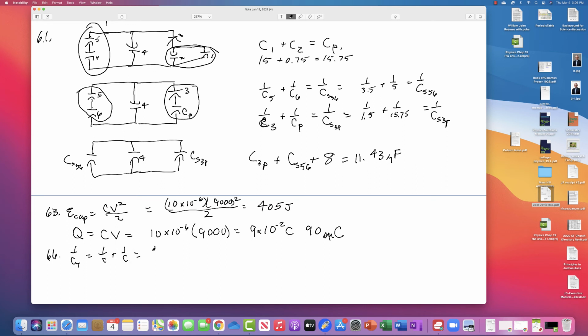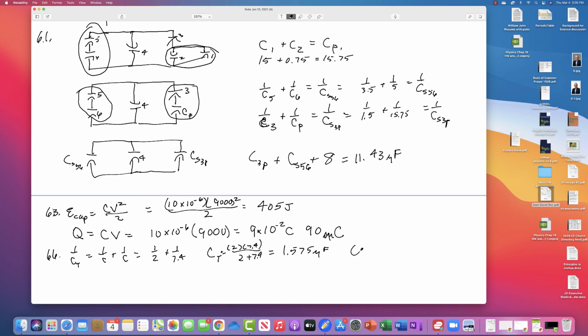And so that's going to be 1/2 plus 1 over 7.4, and that's 1 over CT. So CT is 2 times 7.4 divided by 2 plus 7.4, which is equal to 1.575 microfarad. So that's if they're connected in series.